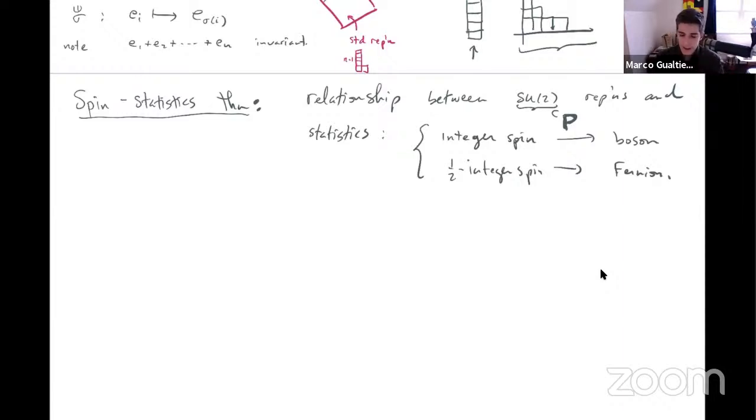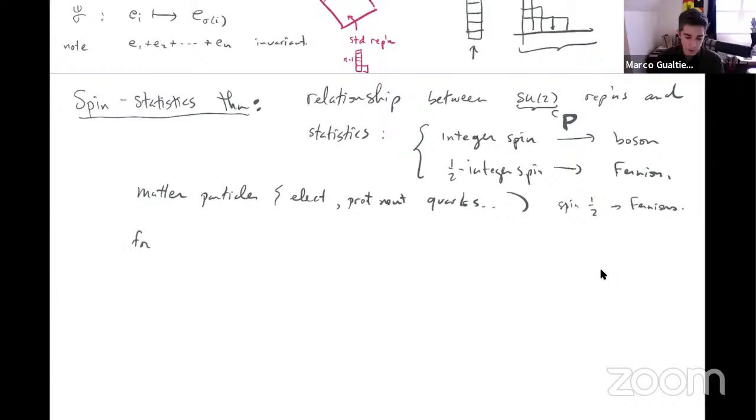So this means that matter particles, electrons, protons, neutrons, quarks, you name it, these are all half integer spin 1/2. And these are fermions.